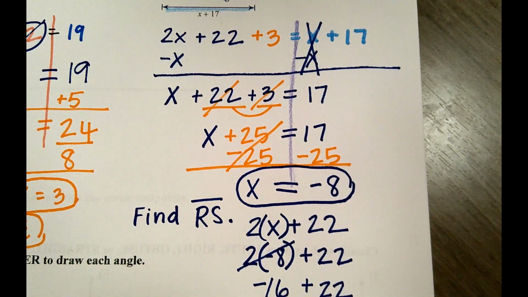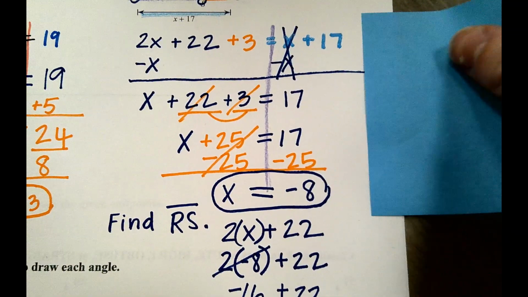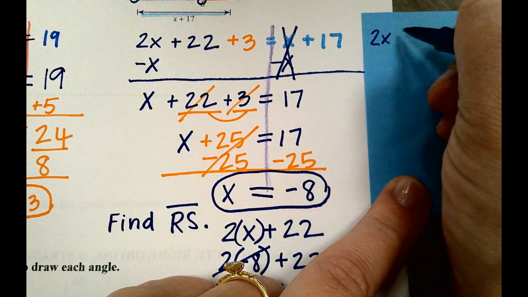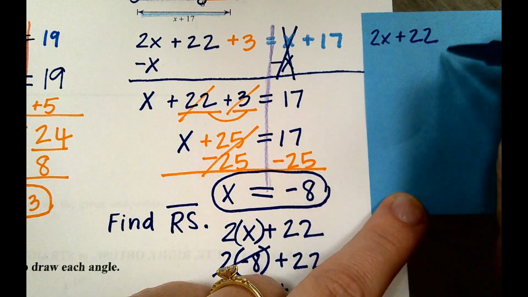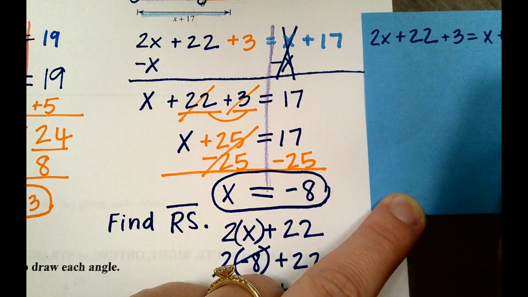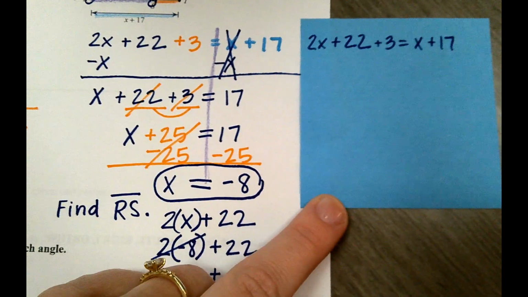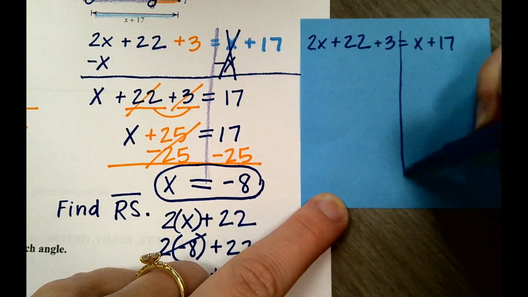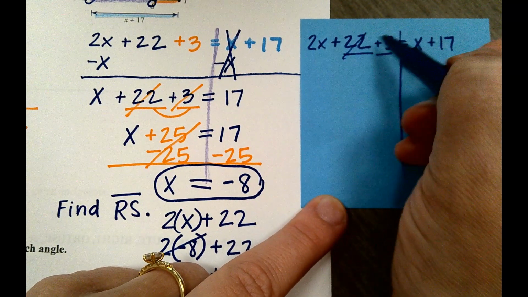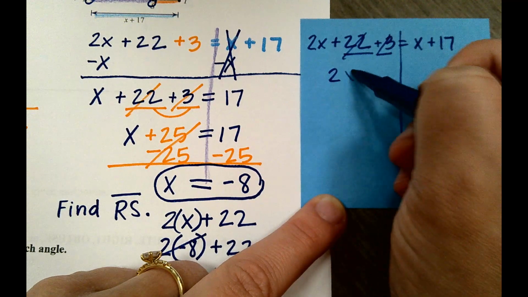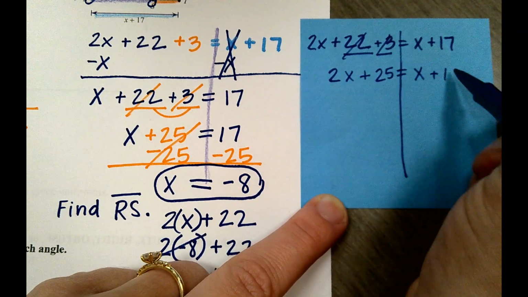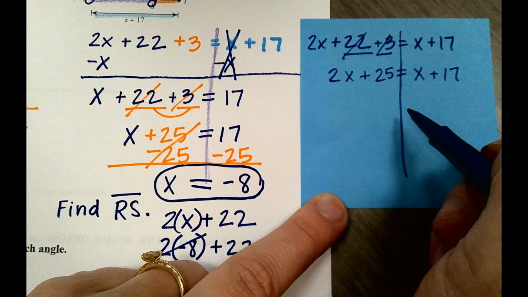So let me write it out this way: 2x plus 22 plus 3 equals x plus 17. Instead of minus x first, you could say these are like terms, so 2x plus 25 equals x plus 17. Start there. That's how I got mine.